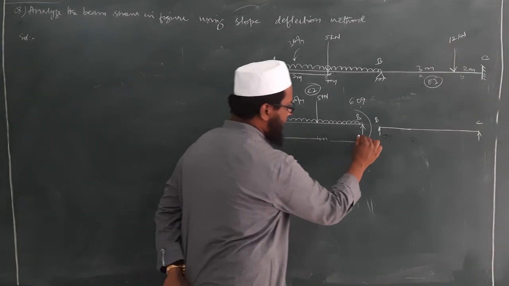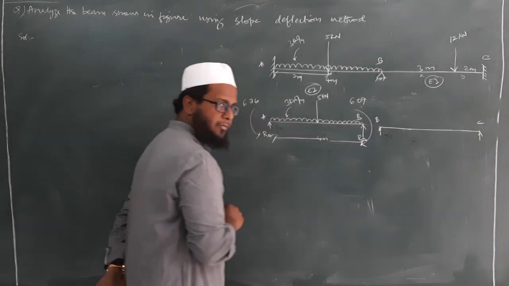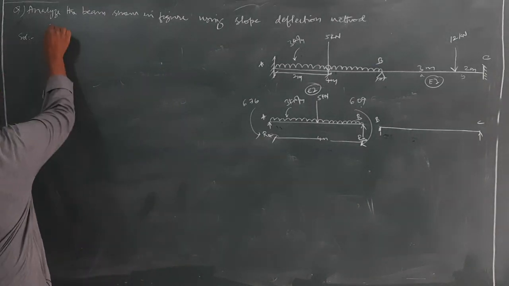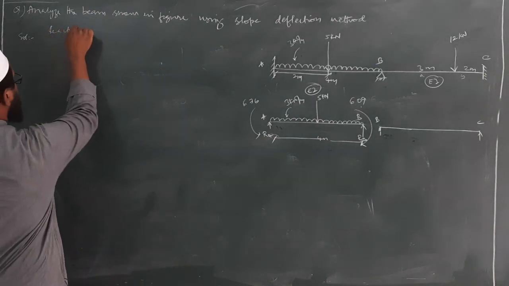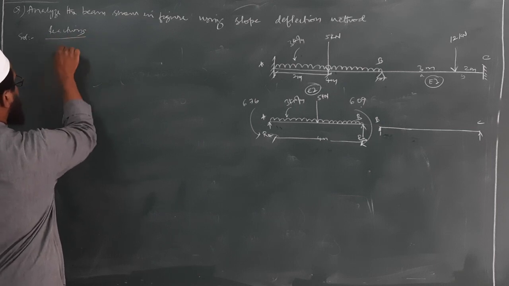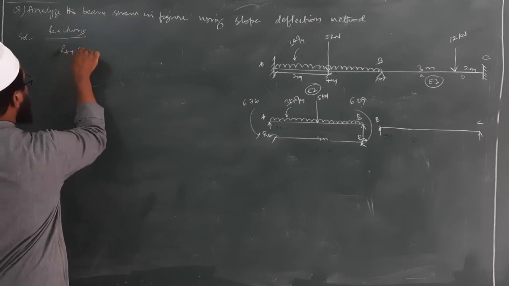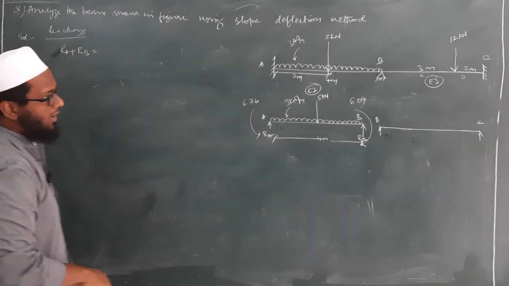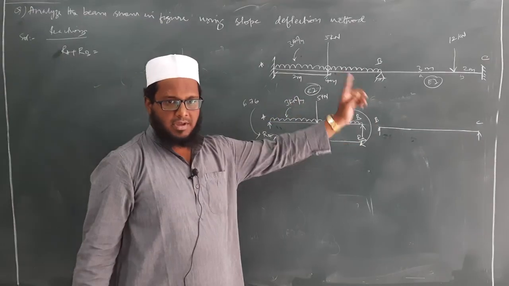So what is this? RA and RB. Now how to calculate reactions? Sigma y is equal to 0, right? So RA plus RB is going in the upward direction.